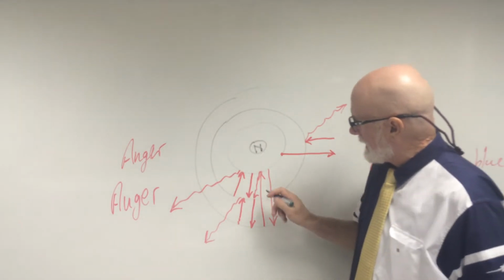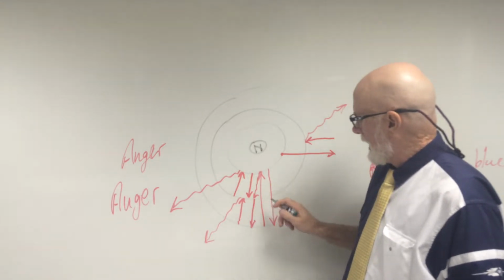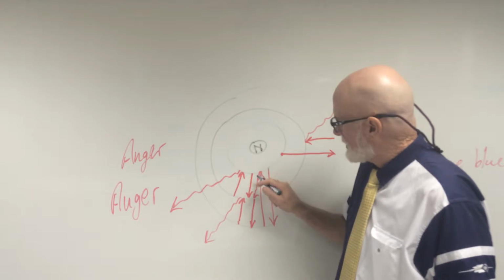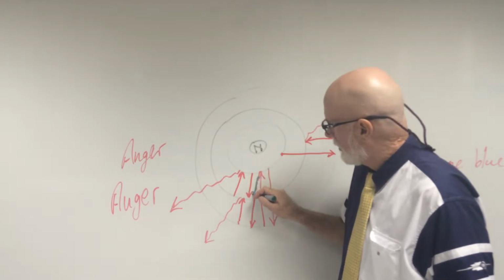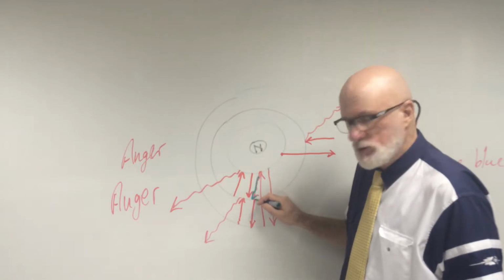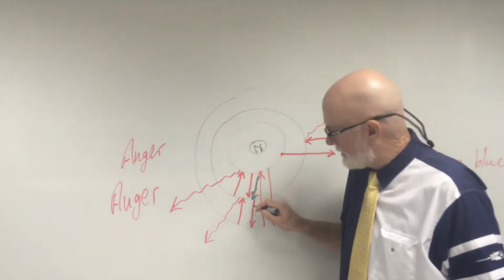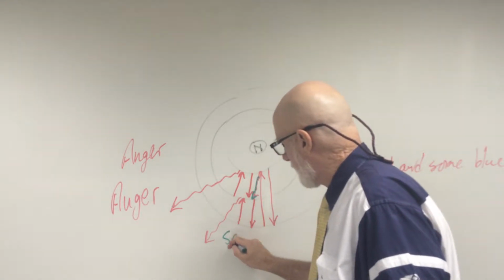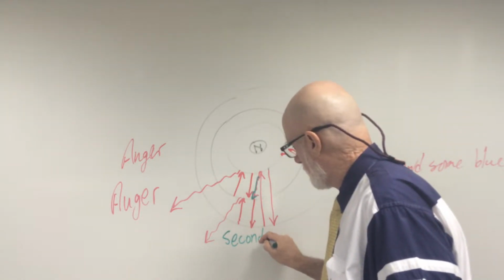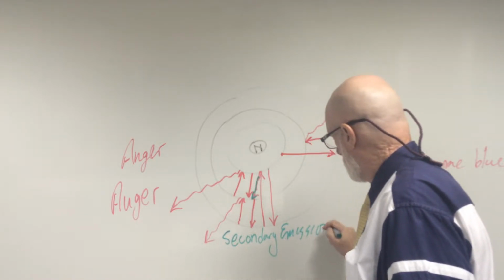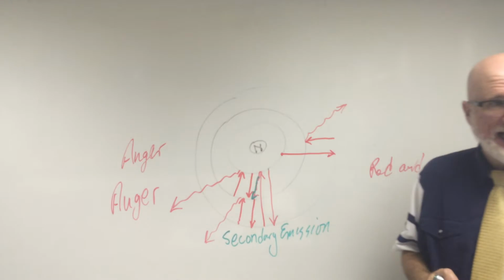So I irradiate something, and it goes like this, correct? When it goes back, it gives off this energy here, right? And this electron absorbs that energy, and it goes up and then back down. This is called a secondary.